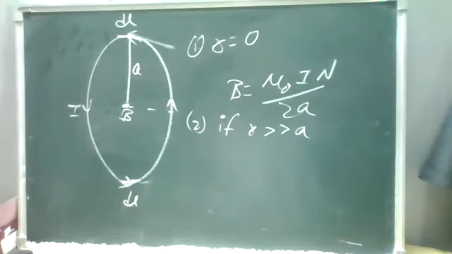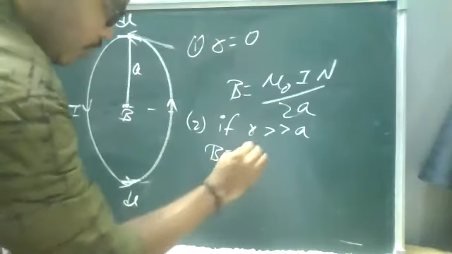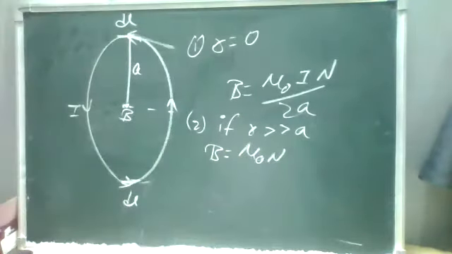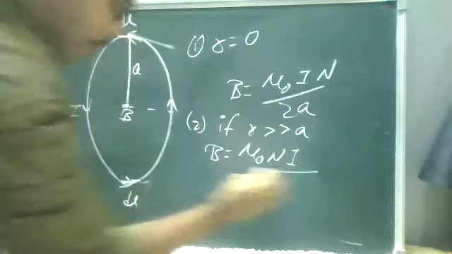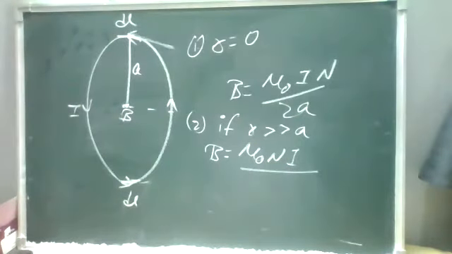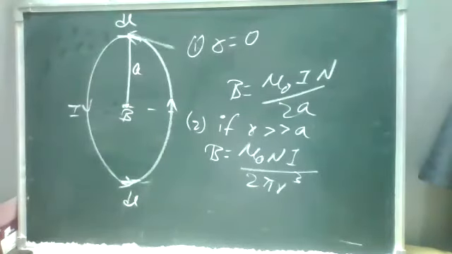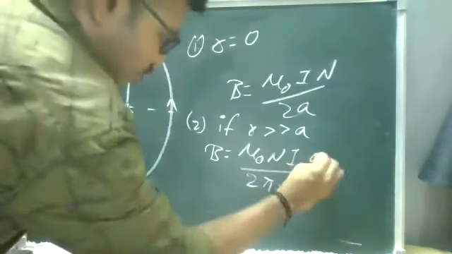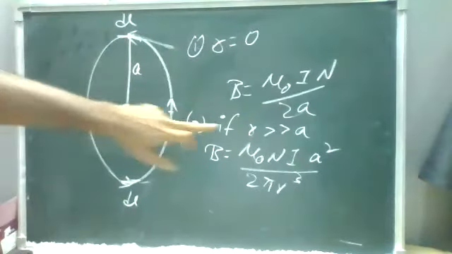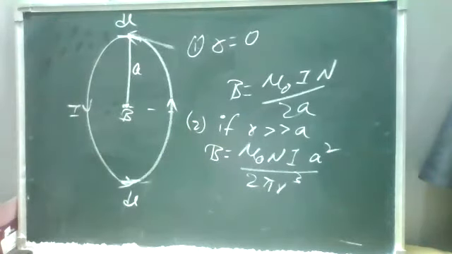Then a can be neglected, and the relation becomes B is equal to mu naught n I a square by 2 pi r cube. So when r is much greater than a.